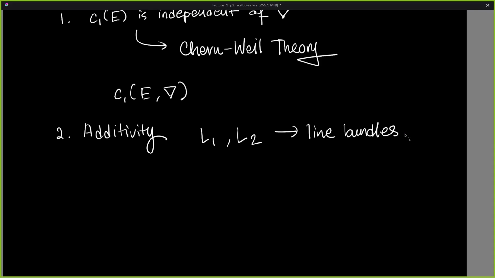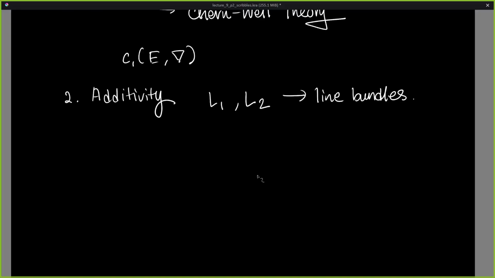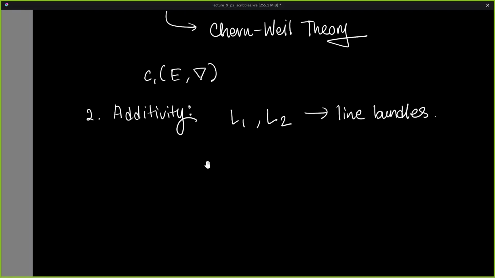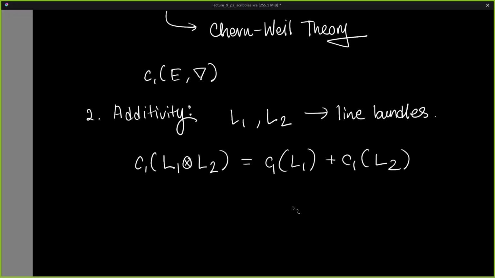But I don't really know divisor theory, but that's one of the motivations for talking about line bundles, and they're very important in classifying holomorphic vector bundles. So if that rings any bells for anyone, then I'll just put that in there. But additivity is the idea that c1 of L1 tensor L2 is equal to c1 of L1 plus c1 of L2. This makes them nice to work with.